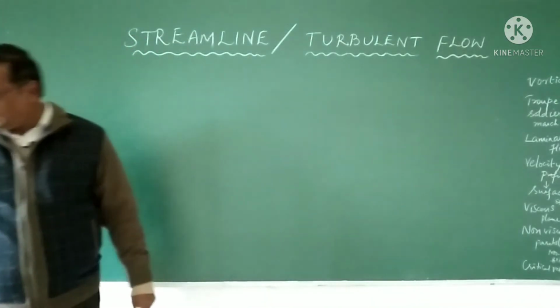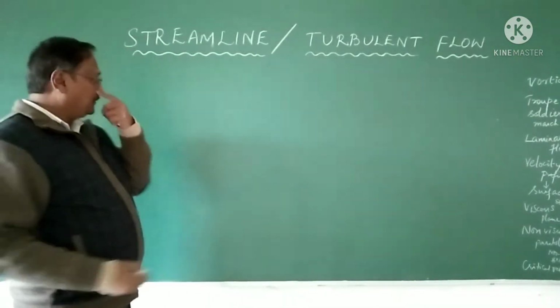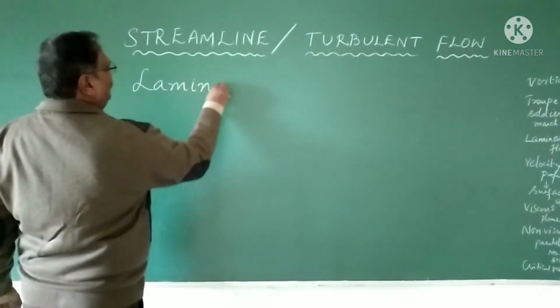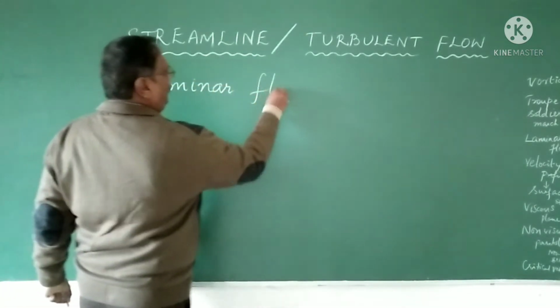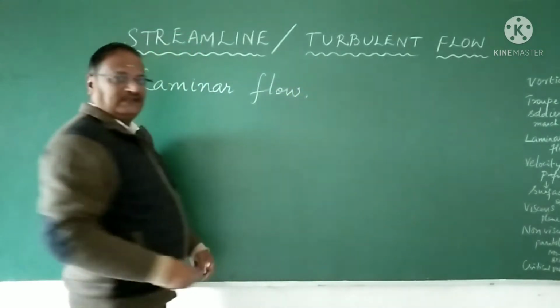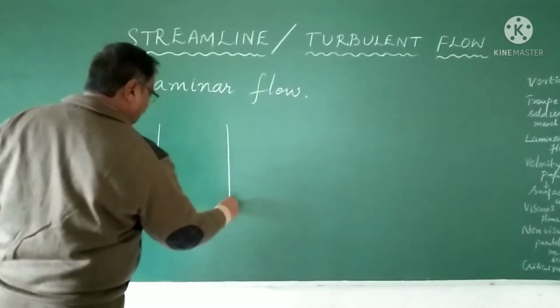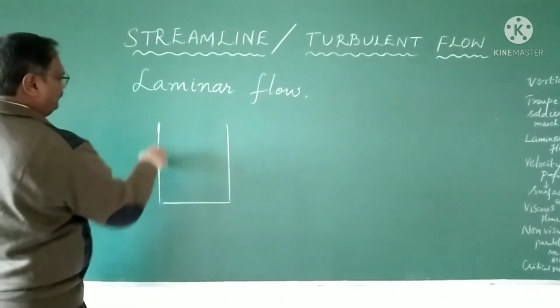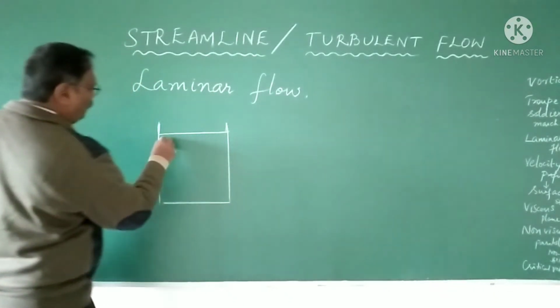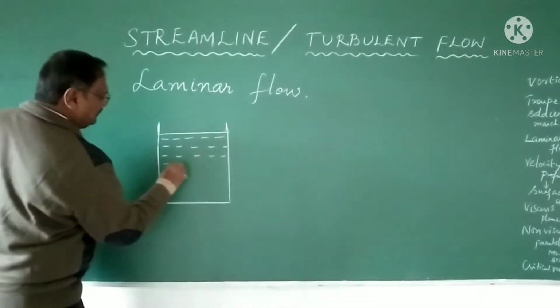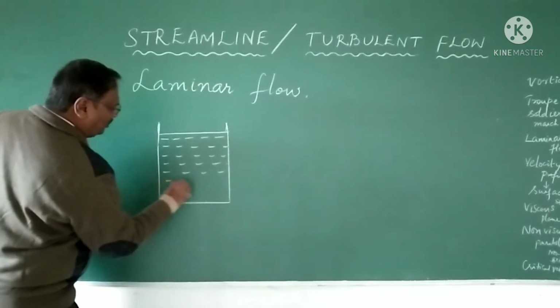Now I am going to discuss something called laminar flow. Now what is this laminar flow? As I said before also, when we take a beaker and draw water in terms of dotted lines like this, why are we drawing in dotted lines?